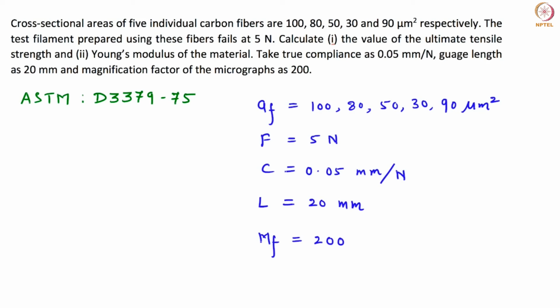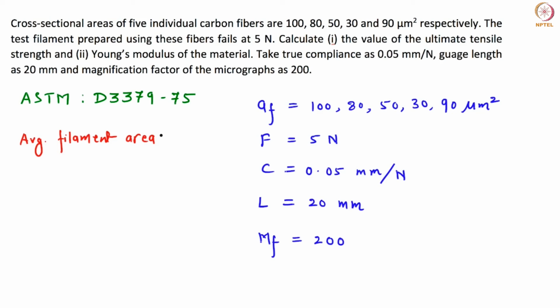So now let's do the first calculation. We need to calculate the Young's modulus, and also the ultimate tensile strength. In both cases, what do we need? We need the average filament area. When I say average filament area, this is the test filament. Test filament means this is the bundle or the rope that you're testing.